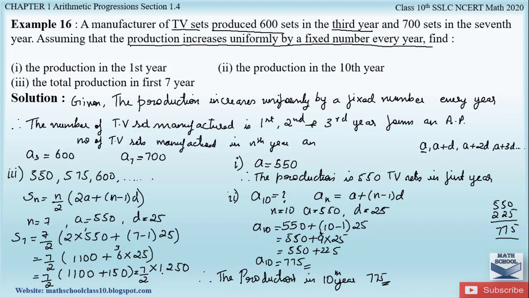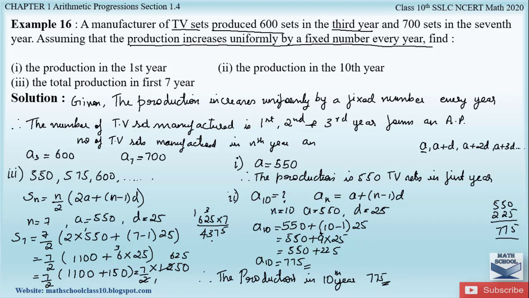Now let us cancel out the terms. 2 1 times, 2 6 times, 2 2s are 4, and 2 5s are 10. So again 625 into 7 we have to find out. So 625 into 7 will be 7 5s are 35, 7 2s are 14, plus 3 is 17, carry 1, 7 6s are 42, 43.